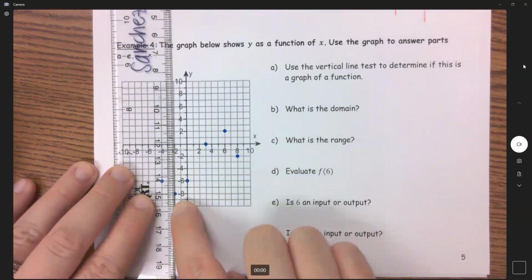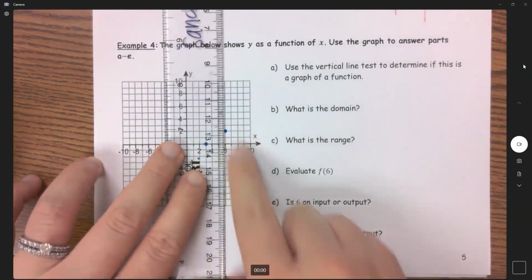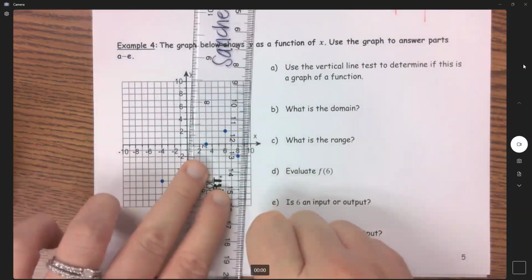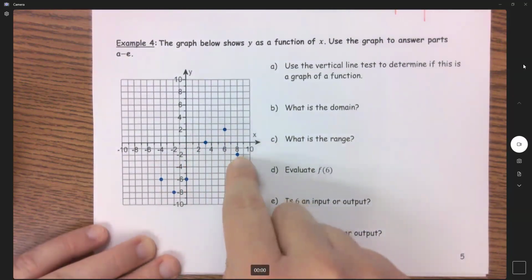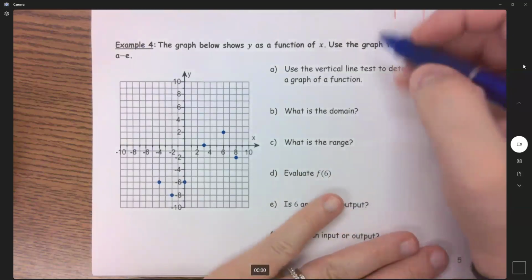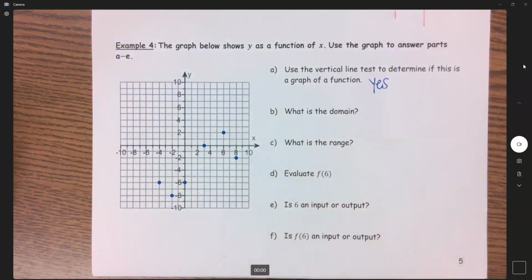No matter where I put a vertical line, it's only going to encounter these ordered pairs 1 time. So yes, this is a function. It passes the VLT, the vertical line test.